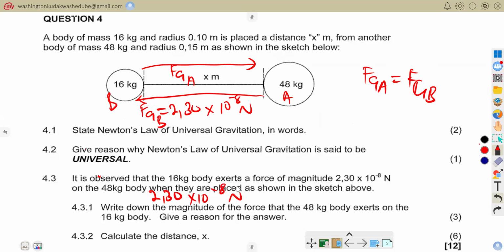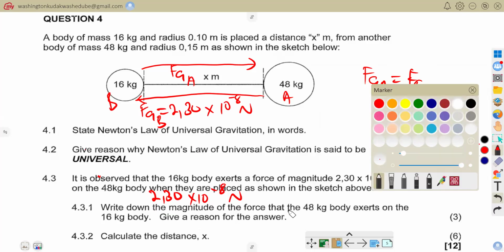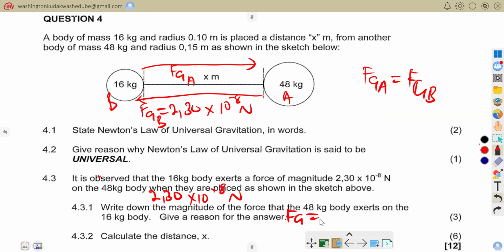What is the reason? The reason is that each body will exert the same gravitational force, which is proportional to the product of the two masses and inversely proportional to the square of the distance between the two bodies. You can give a reason to say that this is due to Newton's gravitational law, which says that this is equivalent to G m1 m2 over r squared.